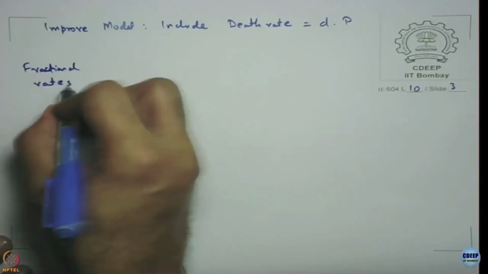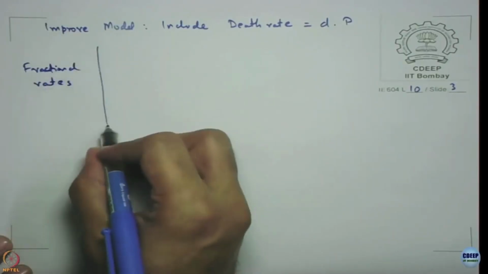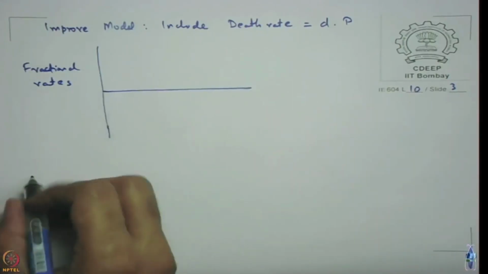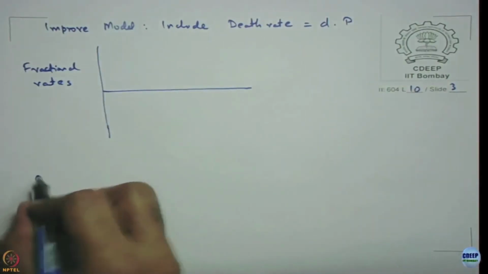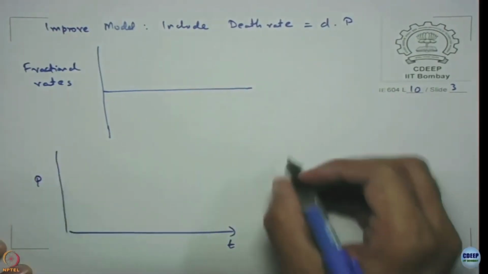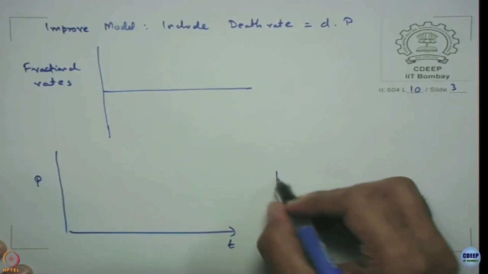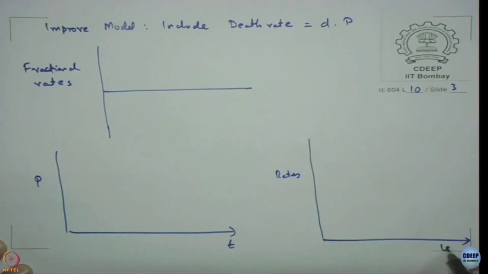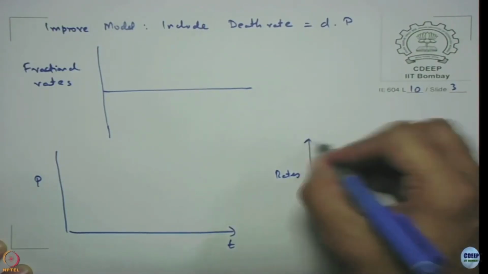Fractional rates, then I have the population over time, then I have rates over level graphs.